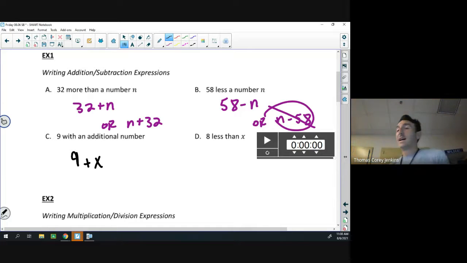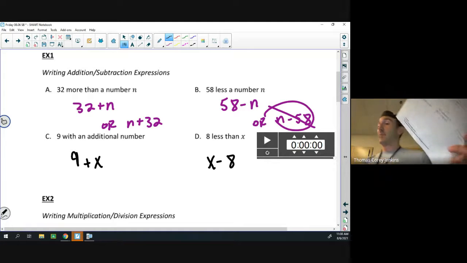What about D? Can I get a volunteer on D? How about Mr. Connor? Good job. All right, so that one was a little bit tricky. I wouldn't have been surprised if our volunteer would have missed it, but he got it right. The order is what matters there.